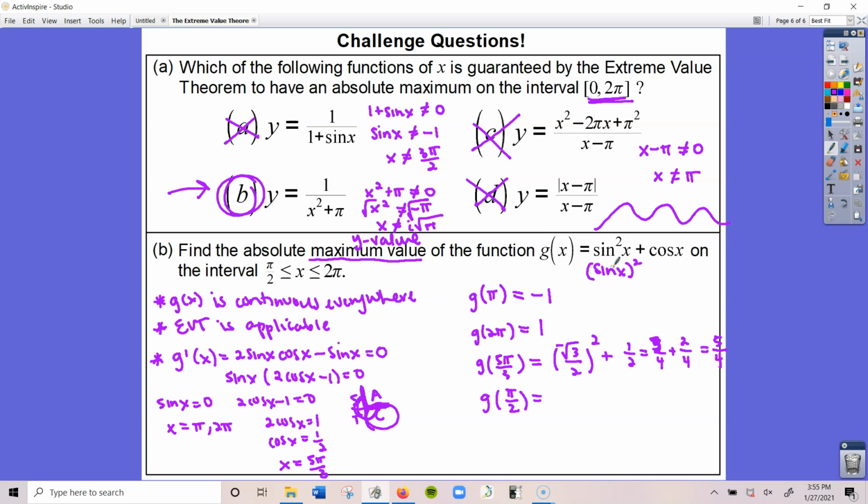For pi over 2, the sine of pi over 2 is 1. 1 squared is 1. Plus the cosine of pi over 2, which is 0, so 1. So if it's asking for my maximum value, the maximum value is 5 over 4. And that's the extreme value theorem.